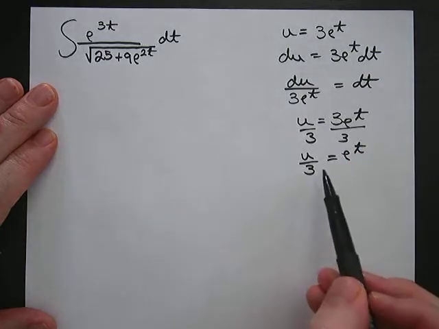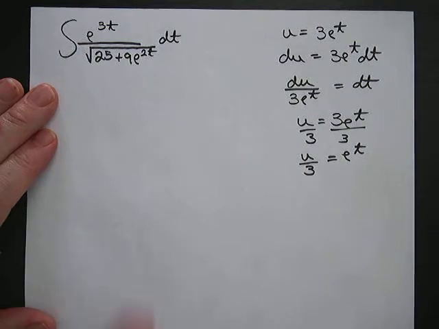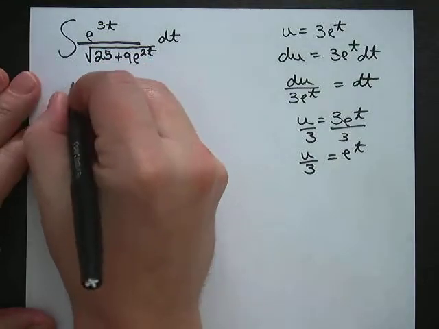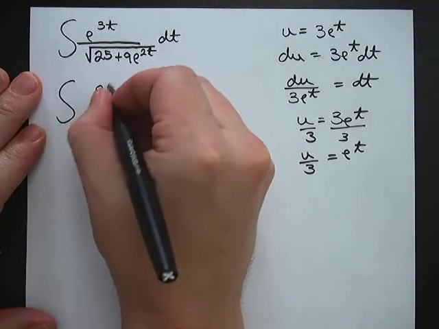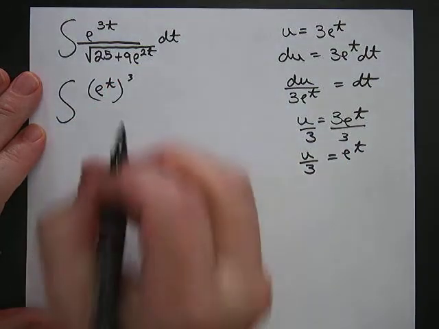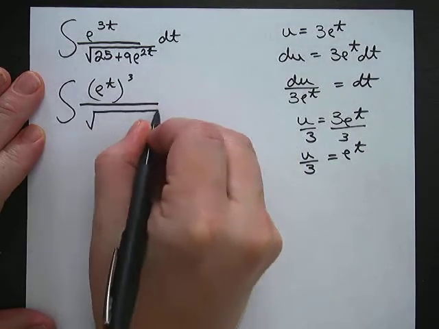Okay, so we can sub that in there, but it still doesn't take care of this 3 in the exponent. But what the 3 means in the exponent is that it's getting raised to the 3 power. So we can rewrite that as e to the t to the 3rd power. And then on bottom, we'll do a little rewriting there too to help us sub in.